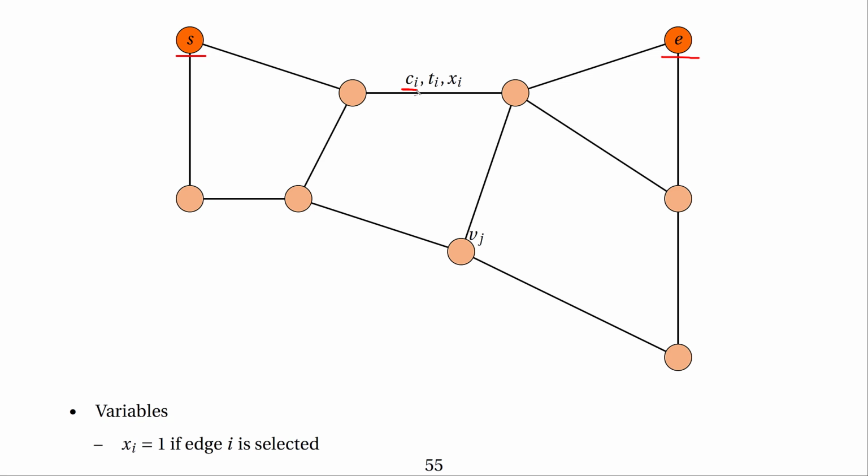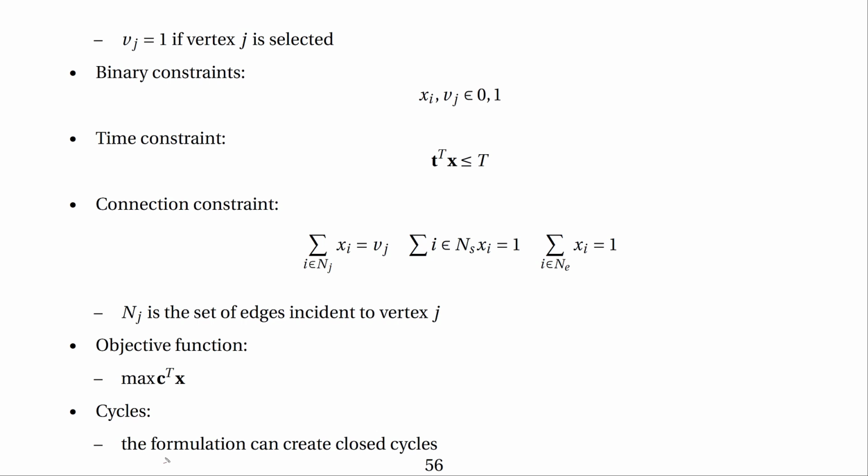So this Ci is something positive now, and a time Ti that it takes to traverse the edge, and then the variable Xi, and looking at the variable below, Xi equals 1 again means that the edge i is selected.